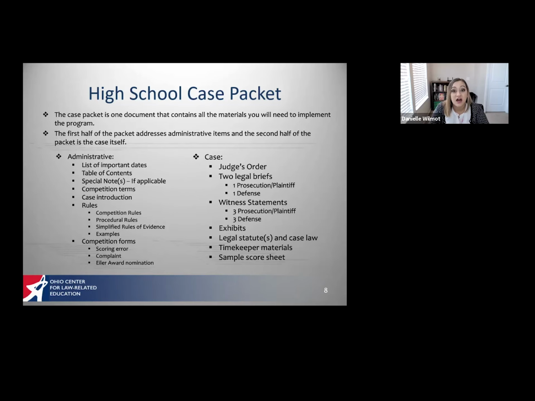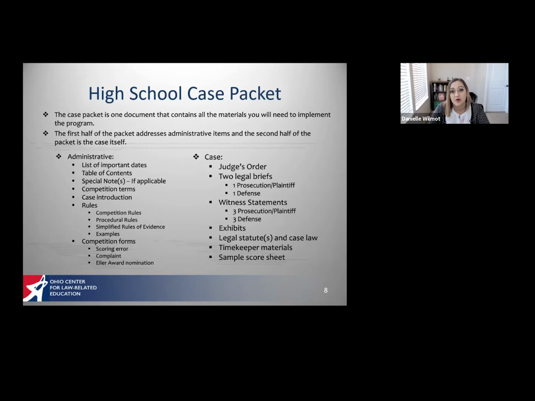So we base that on the real world rules of evidence, but we've simplified them because that fills book after book, and we know that the students, one, don't need every single rule that's out there, and two, won't have time to read and digest and actually understand those. So we do simplify those rules a little bit and make it so it's actually usable during a mock trial.